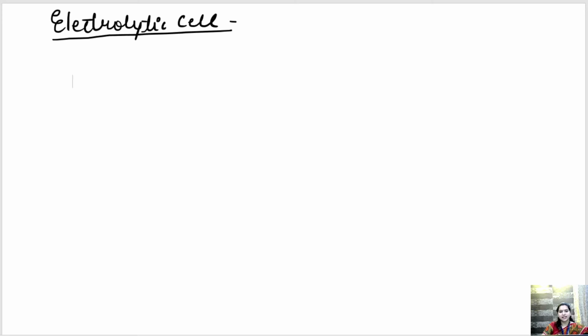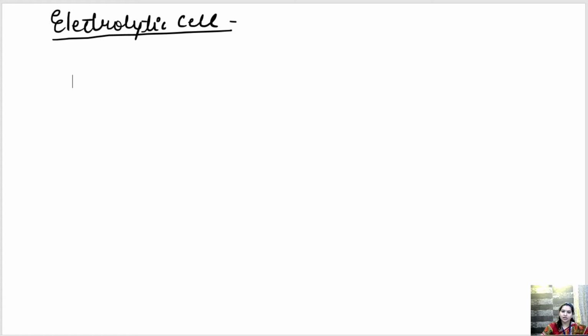So the electrolytic cell is basically the arrangement of anode, cathode, electrolyte and battery, all the setup that was there in the electroplating of copper.